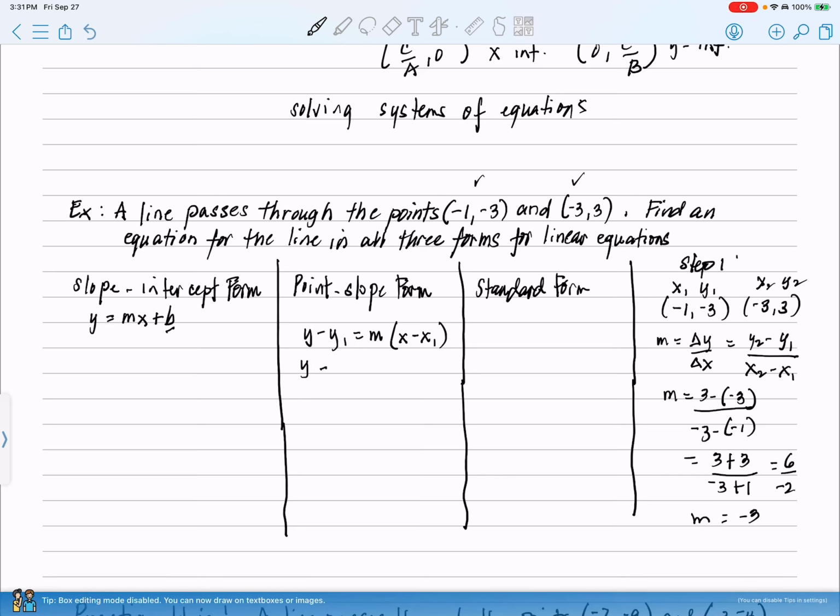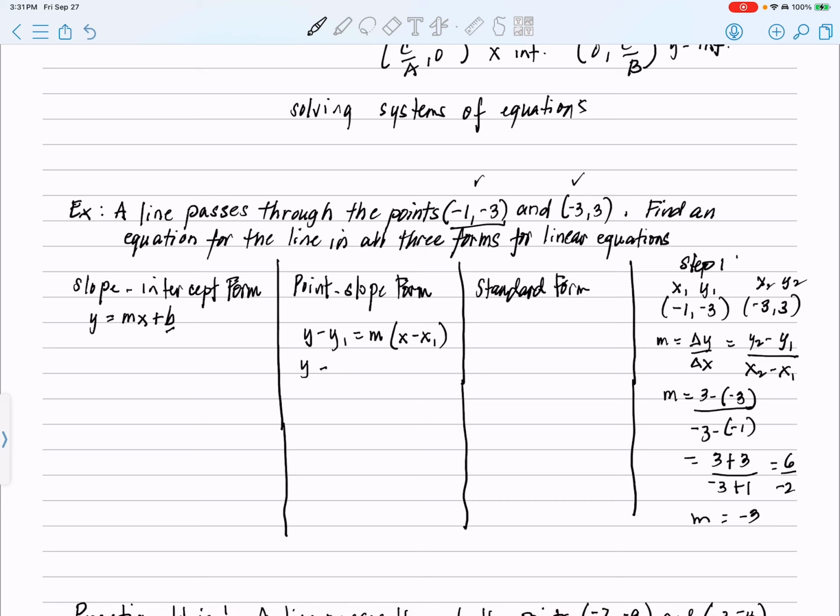Substitute y1, which is -3, equals the slope, which is -3, times x minus x sub 1, which is -1. So simplifying, that would be y plus 3.